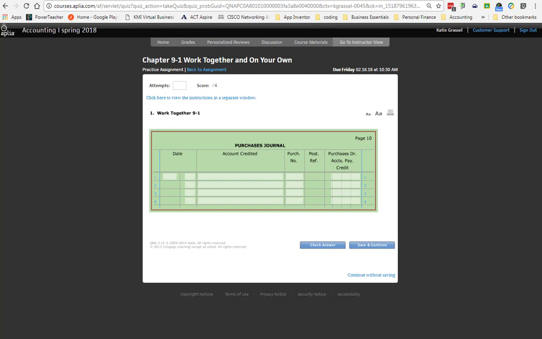So we have one account called accounts payable. And that is called a controlling account. And then I have a whole separate book or a separate ledger that has each one of my accounts payable people.